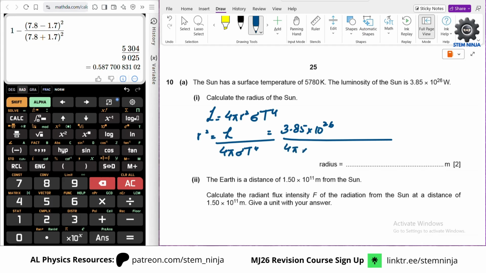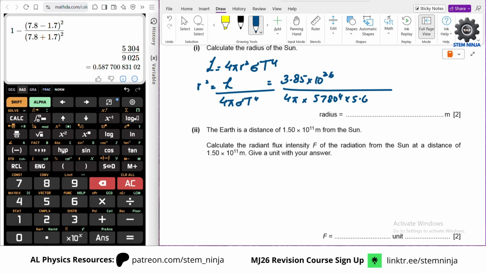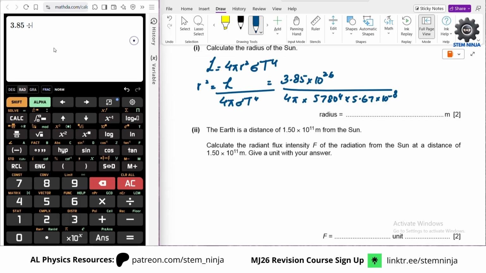4 pi, Kelvin 5780 raised to power 4, and Stefan-Boltzmann constant. Let's see the value. Okay, so this is the value, 5.67 times 10 raised to power minus 8. So we have 3.85 divided by 4 pi divided by 5780 raised to power 4 divided by 5.67 times 10 raised to power 26 plus 8.